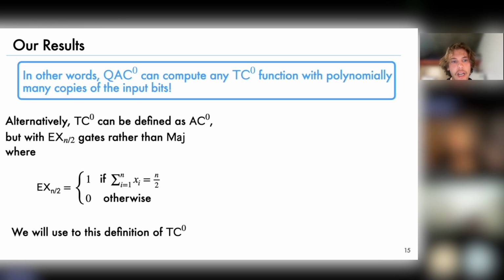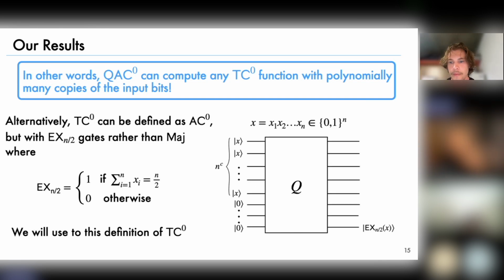So in particular here, I'm going to consider this exact n/2 function, which just outputs 1 if the Hamming weight of the input is exactly n/2, if the input is balanced, and 0 otherwise. And so what this is saying is that if you give me a bunch of copies of x, then I can compute this function. In the case of this exact n/2 function, it turns out that the number of copies we need is n squared.